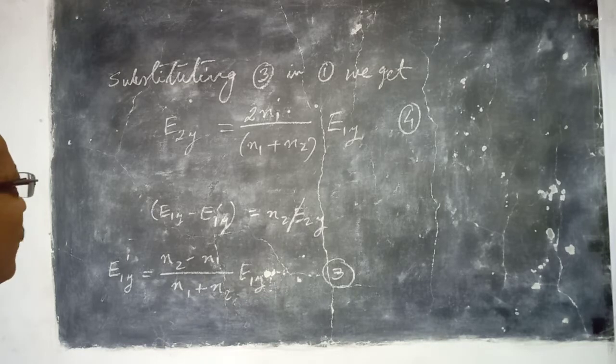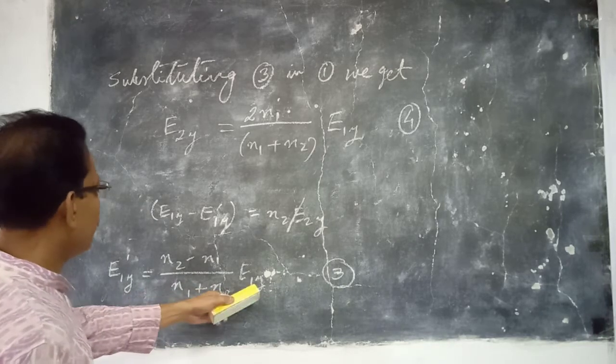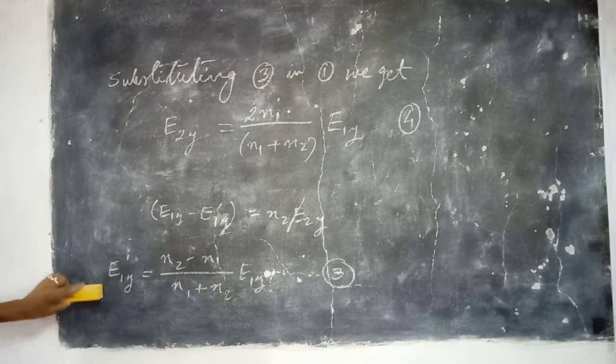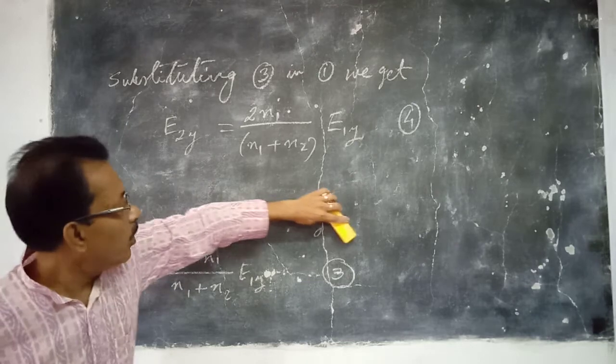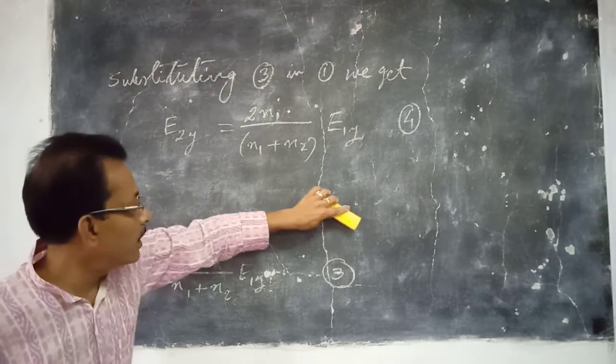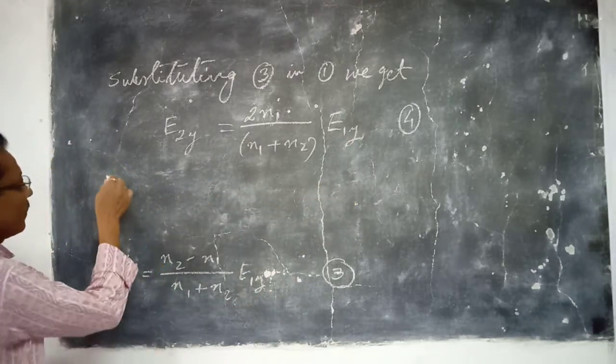Now therefore, this is the amplitude of the reflected wave electric field over the amplitude of the incident electric field. So this is the ratio, the amplitude reflection coefficient.